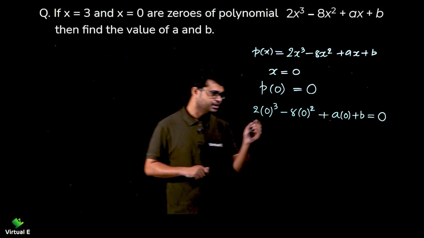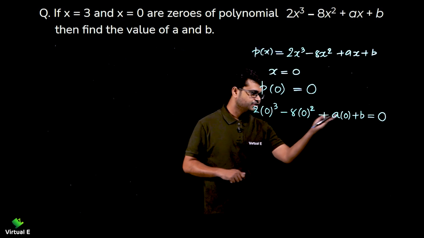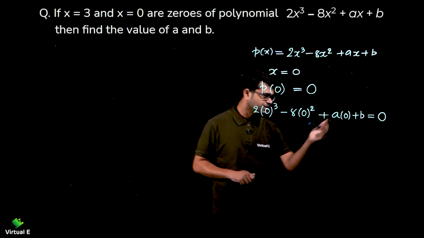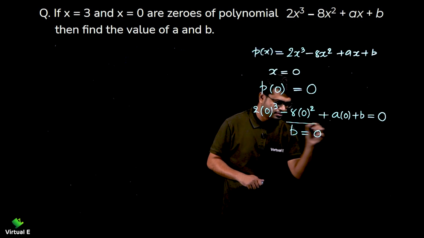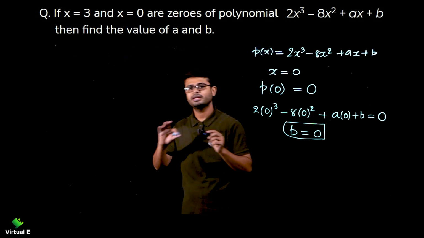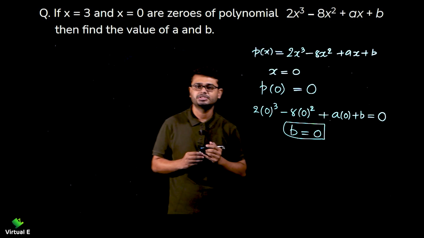Otherwise, it's not possible. This term is 0, this term as well, and this term as well. So all these three terms are already gone because they are multiplied by 0. So what's left? Only b is equal to 0. So this is my first answer for the unknown. One unknown I know, which is b is equal to 0.